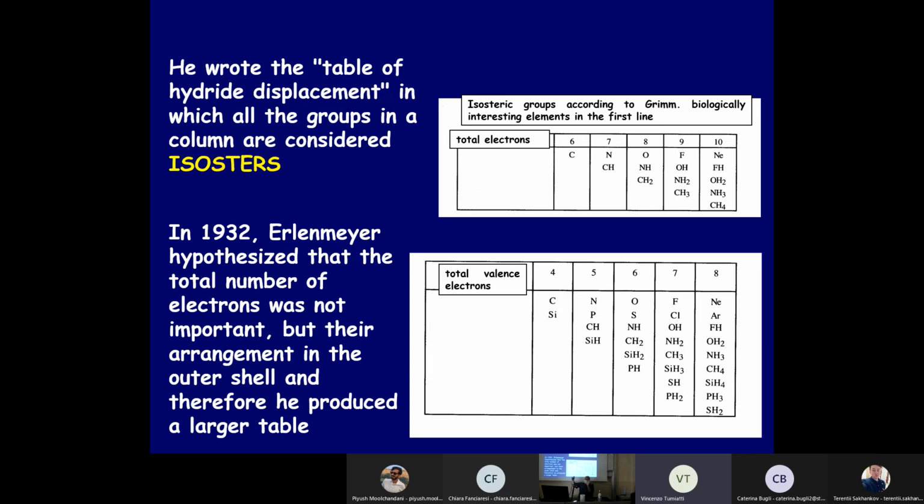You see? We maintain the same number of external electrons by adding hydrogen to the atoms of the other line, the other column, sorry.